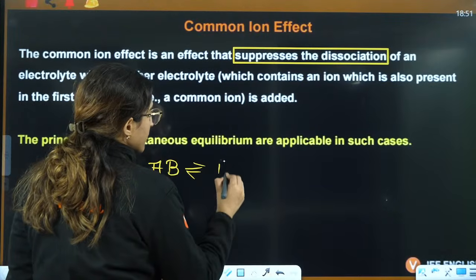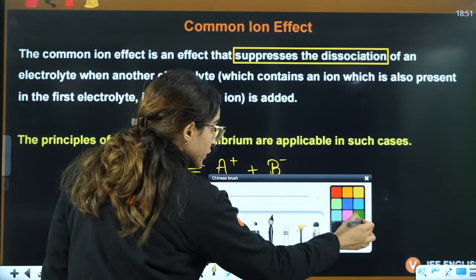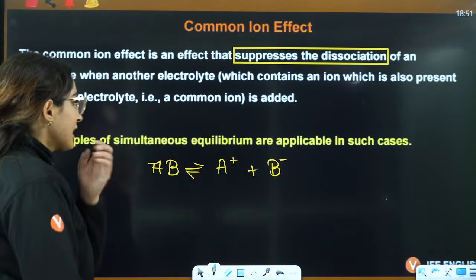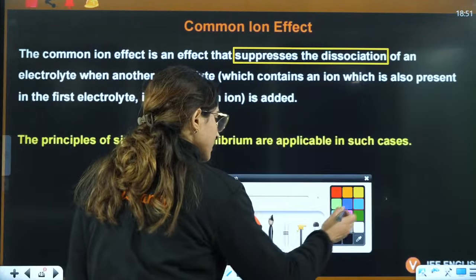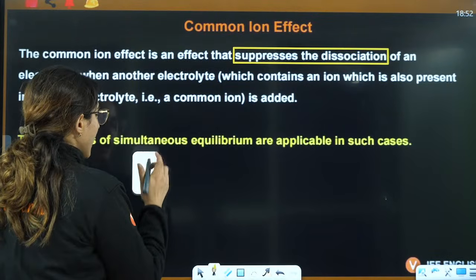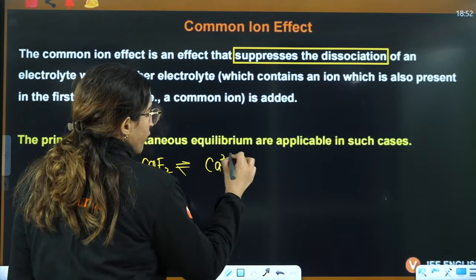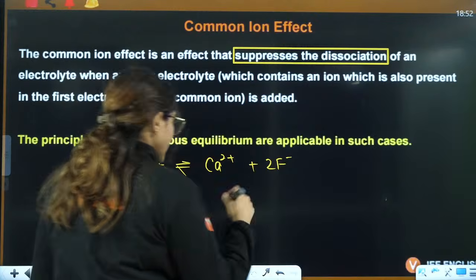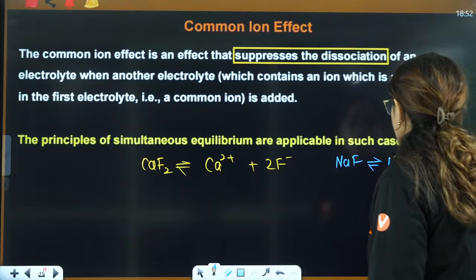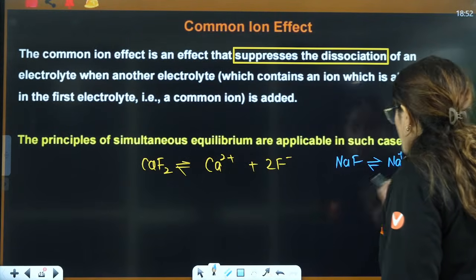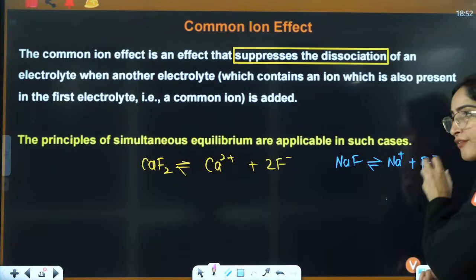So what we are saying is, let's talk about this AB. This gives rise to A positive and B negative. Now you will feel like you are doing Le Chatelier's principle. Let's say the common ion is A positive, right? Let's take another example, a proper example. Let's say you have CaF2, right? Here Ca2 positive and you have 2F negative, that is undergoing dissociation. You have added NaF also here, that is also undergoing dissociation. Because this is a strong electrolyte, this is giving you full F negative ions here.